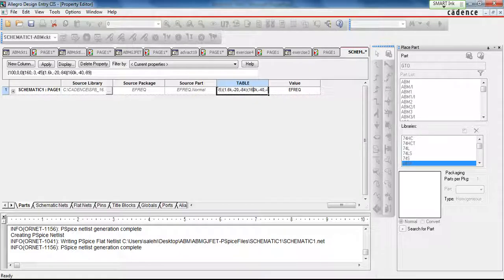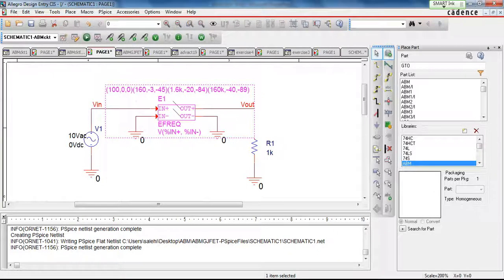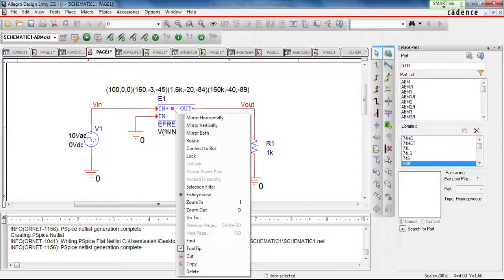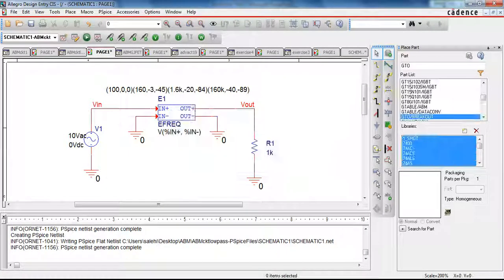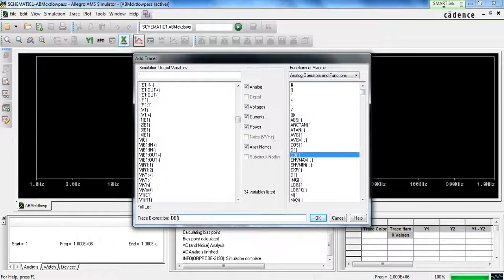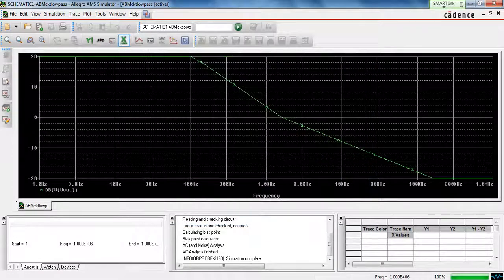Take as many points as you want. I have taken 4 points. Run the circuit. Check the output in dB. We can see that this block is acting like a low pass filter.